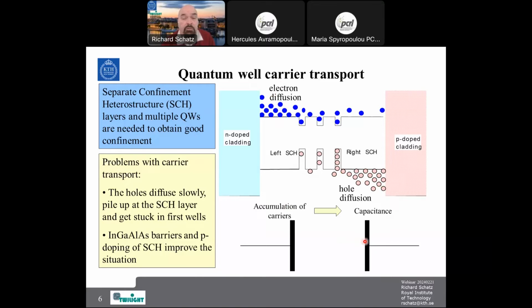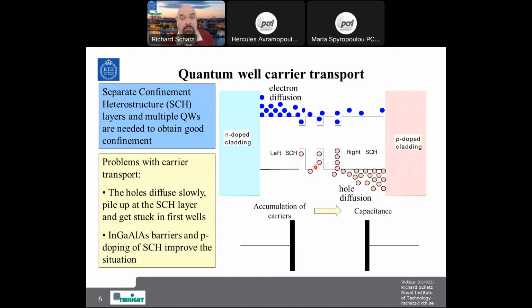So even if you have low contact capacitance of your device, this can increase the capacitance and reduce the bandwidth. A remedy for this is often to lightly dope the SCH regions, so you also have a drift current here, so it's not only by diffusion that the carriers are transported into the quantum wells.